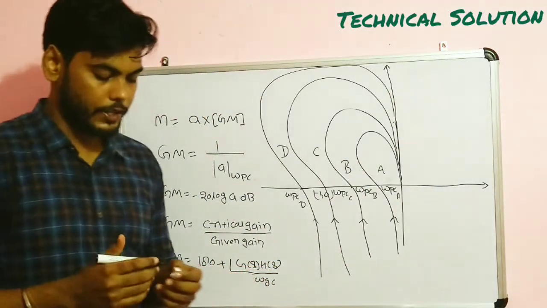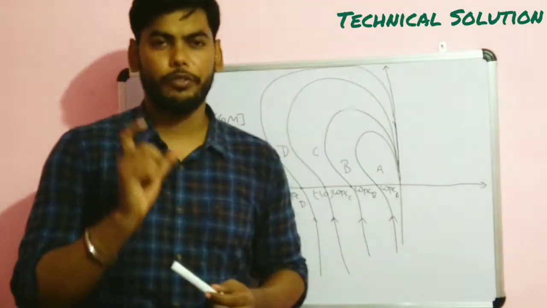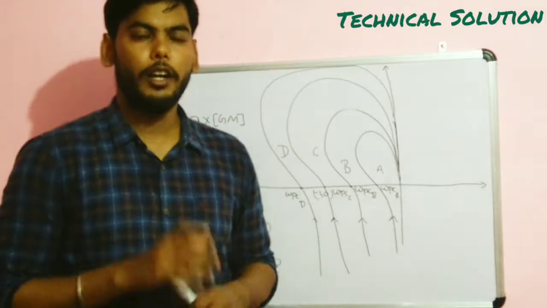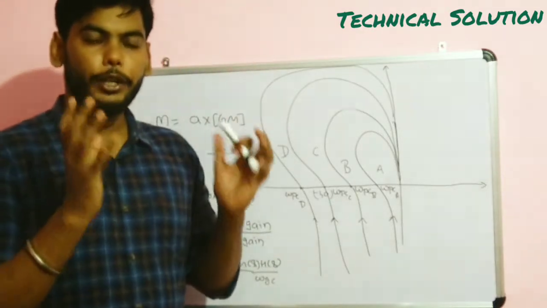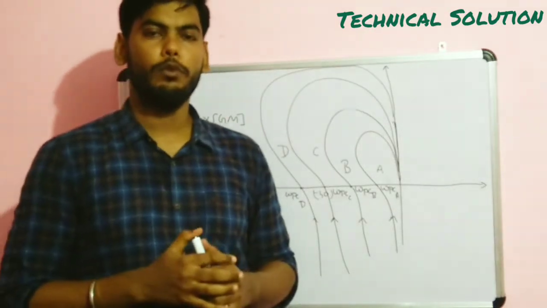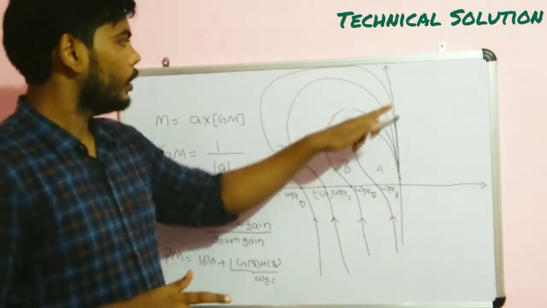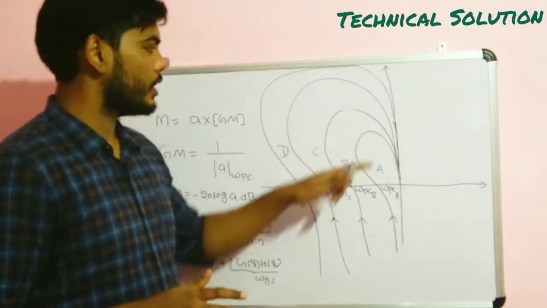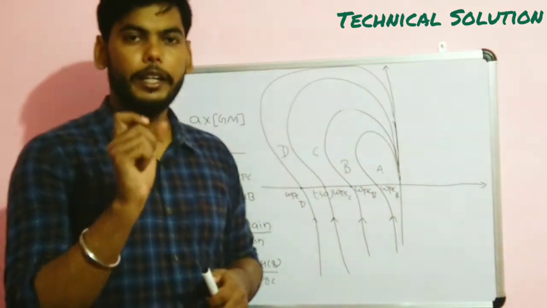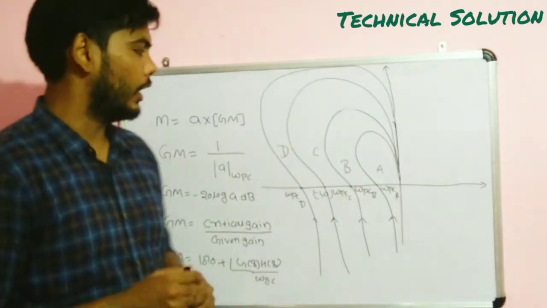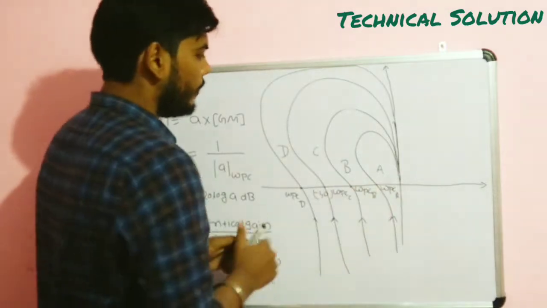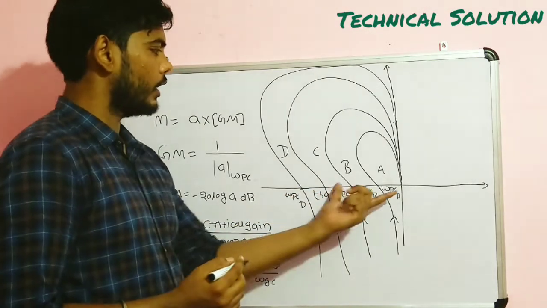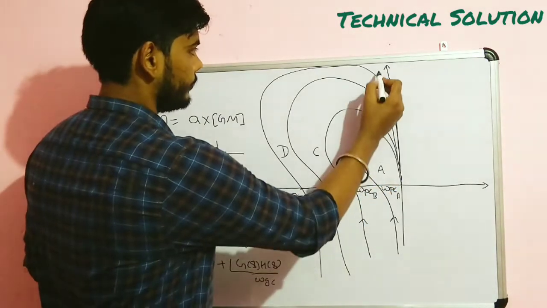gain crossover frequency. The gain crossover frequency is the frequency where the magnitude of the system is equal to 1. To find it, we simply draw a unit circle.